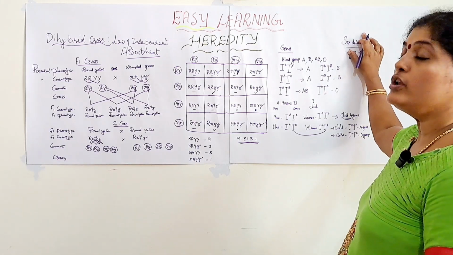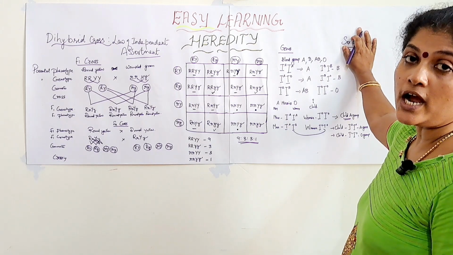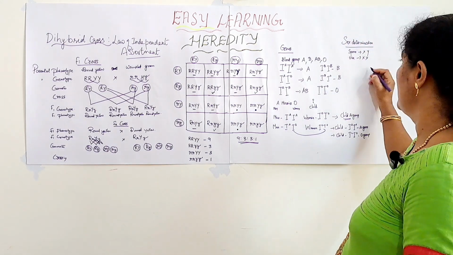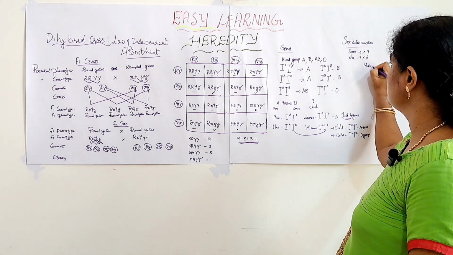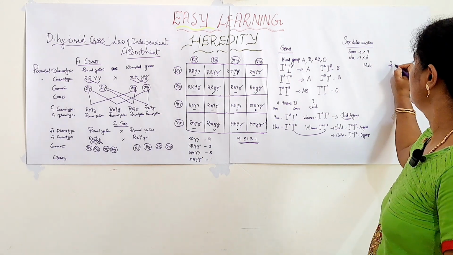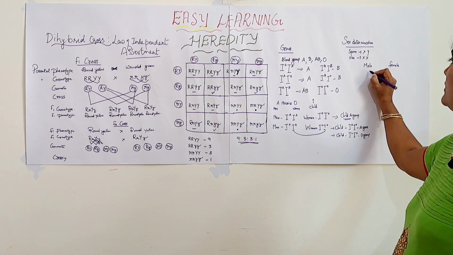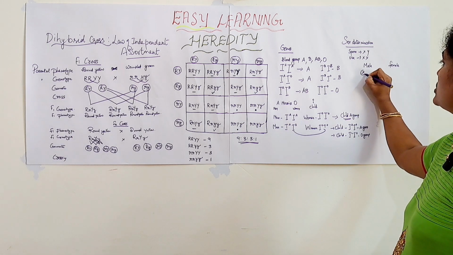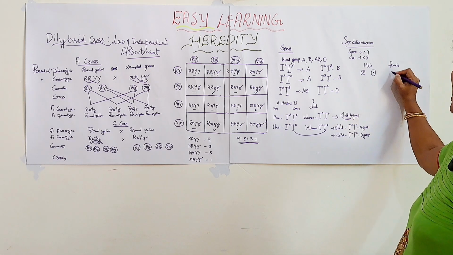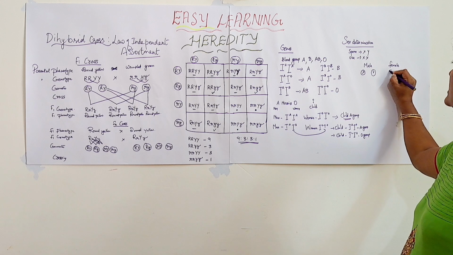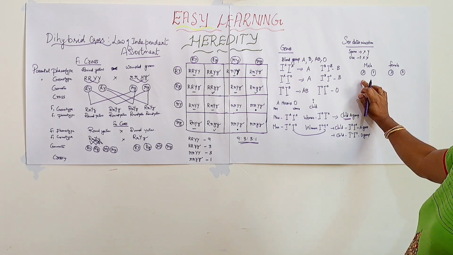So here, how will you draw the flow chart for determining the sex of the child? If this is the male and this is the female, then the male has X chromosome and Y chromosome, and the female has X chromosome and X chromosome only.